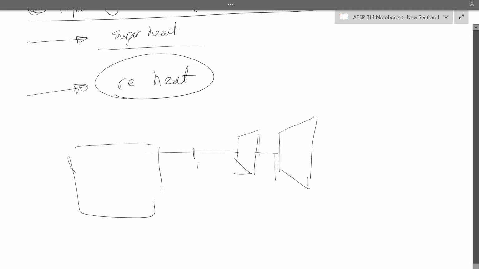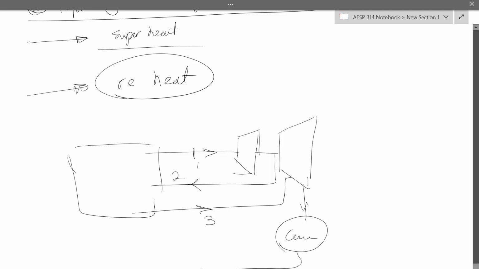We take some of the vapor that is coming out of the turbine, take it back to the boiler, heat it up, and then take it to the turbine at station 3, and then send it to the condenser. Station numbers are going to be different then, right? Because we have added 2 more processes. Essentially, you take the vapor to the turbine, extract some of its energy, take it back to the boiler, heat that mixture up to saturation or superheat, and take it back to the second station of the turbine.